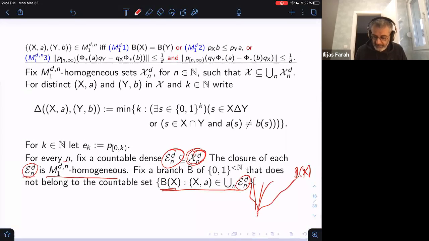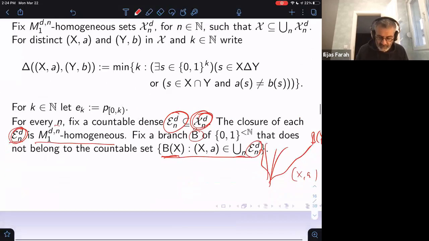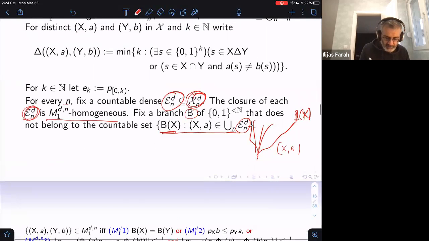Now, what is the reason for that? Well, if you look at some XA which has this property, that its branch is BX, then this first condition here will not be an issue when you consider an element of one of these EDNs. So let me just take a note on that.